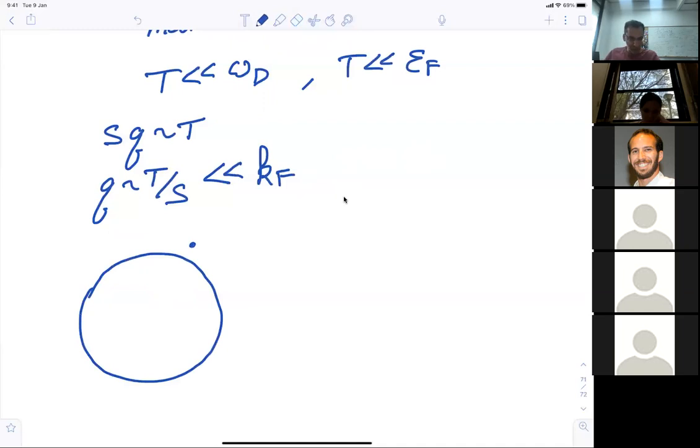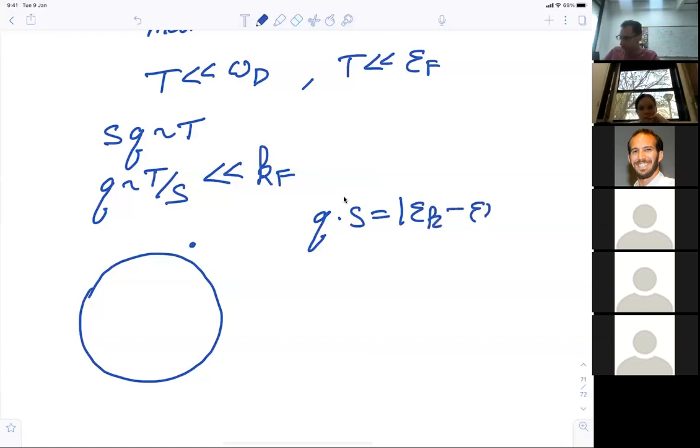Energy conservation tells us that q times s is equal to the change of electronic energy, which is equal to v Fermi times q.